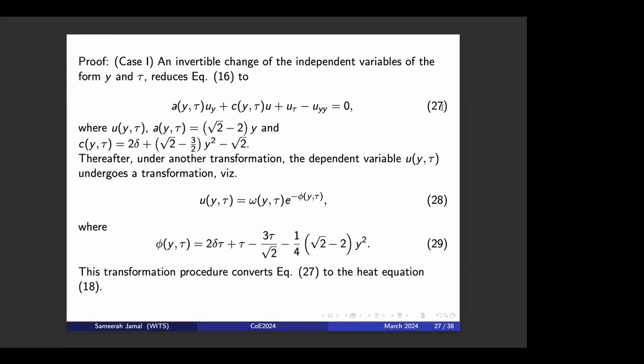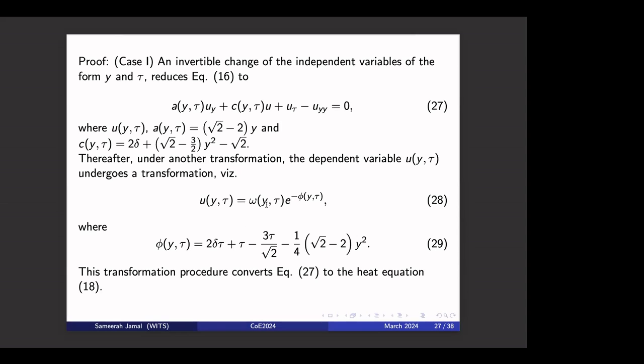And this gets you into the form of equation 27, where A and C are given. These are your coefficients. You can see already that you have almost the heat equation appearing. Once you transform the dependent variable, you can find a transformation using, for example, one of the conditions that Prof. Muhammad mentions in his paper, in conjunction with what Ibragimov has stated in his research.